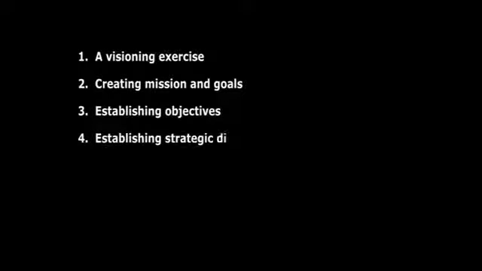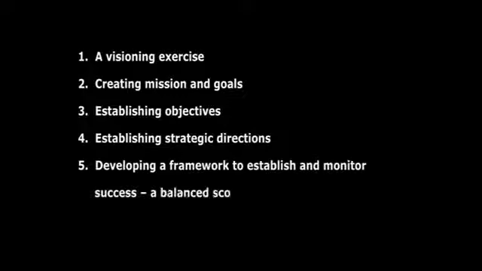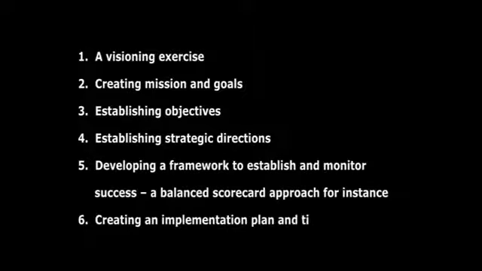Number 4, establishing strategic direction. Number 5, developing a framework to establish and monitor success. That is a balanced scorecard approach, for instance. Number 6, creating an implementation plan and timetable.